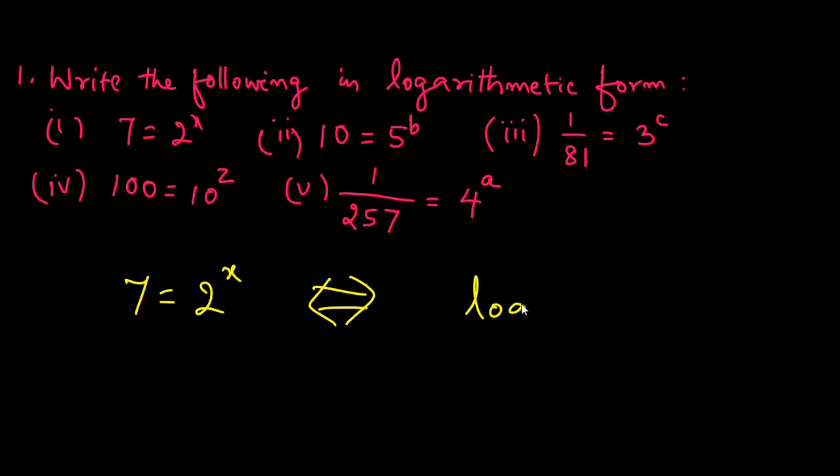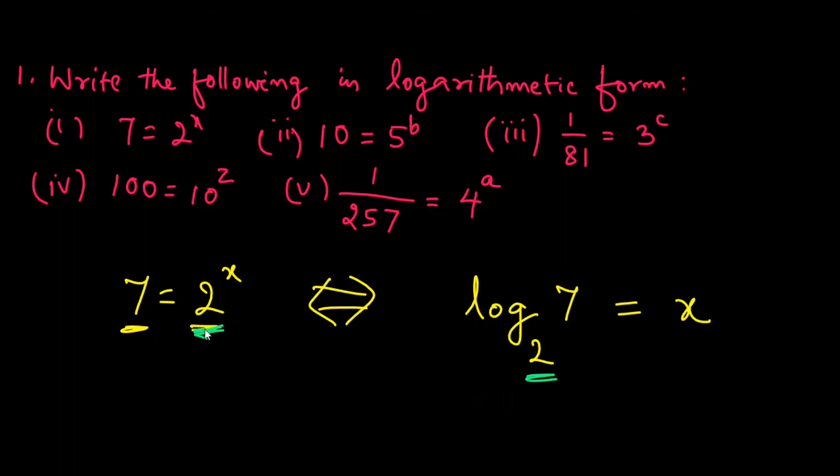Log of, we have to write the value of the power here, 7, log of 7 to the base 2. Base in exponential form and in logarithm form is the same. Base here is 2, here also base should be 2. So log of 7 to the base 2 is equal to x.